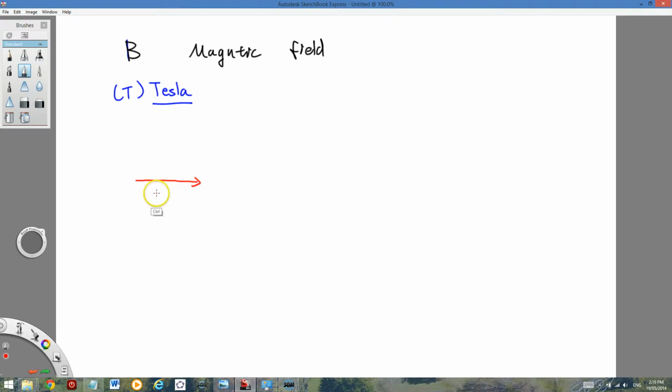Well, they can't be together. Or it can be labeled with arrows from south to north, from down to up, or from up to down.